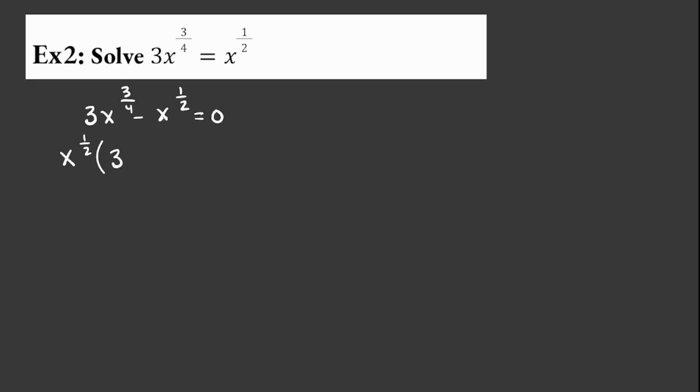Whenever you divide with the same base, you subtract the exponents. That gives x to the 3/4 minus 1/2, which equals x to the 1/4. So factoring out x to the 1/2, you have 3x to the 1/4 left, minus 1, equal to 0.